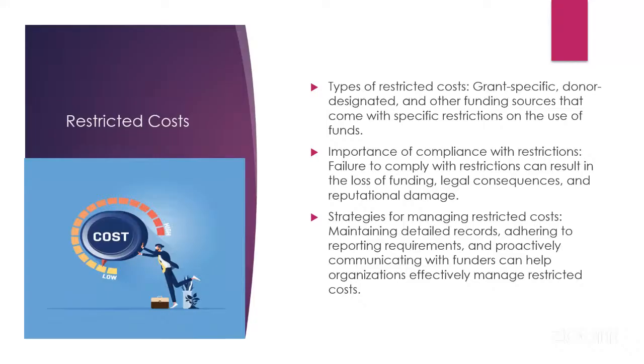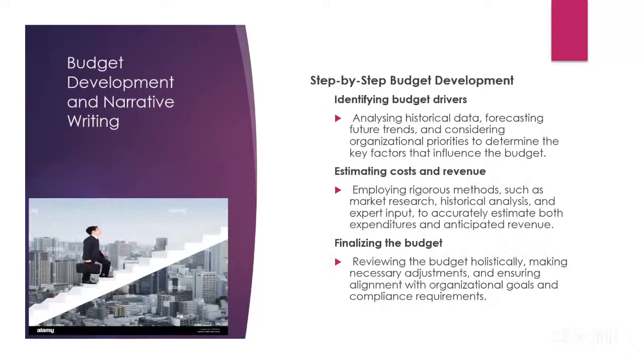Then coming to the budget development and narrative writing. There are steps that you have to follow when you are developing a budget. The first thing is to identify the budget drivers. Once you have identified the budget drivers, you then need to analyze the historical data of the organization.